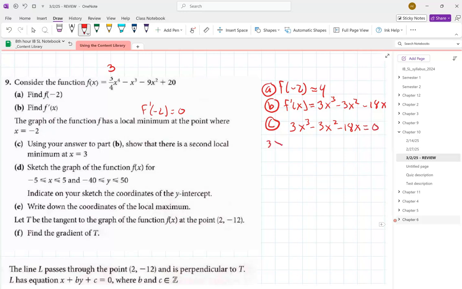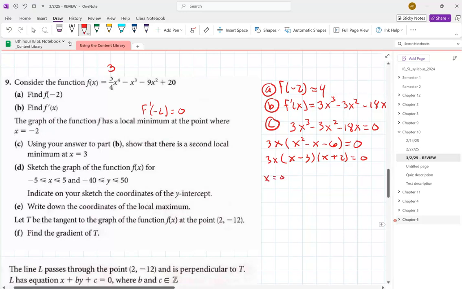I can take out a greatest common factor of 3x. X squared minus x minus 6 I can factor. And when I set each of these equal to 0, I get x equals 0, x equals 3, and x equals negative 2.